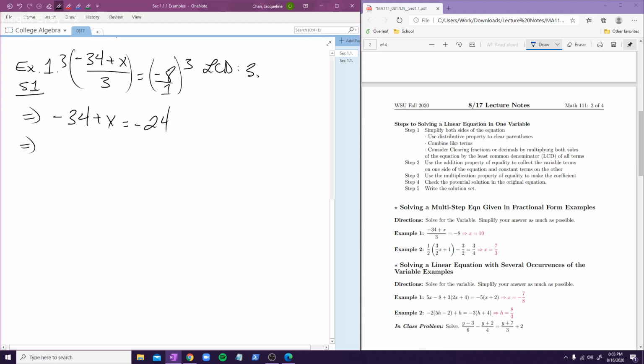Step 2, use the addition property of equality to collect the variable terms on one side of the equation and constant terms on the other. On the left side, I have a constant and a variable, and on the right side, I just have a constant. You could move the 24 over and then the x over on the other side, that's not wrong.